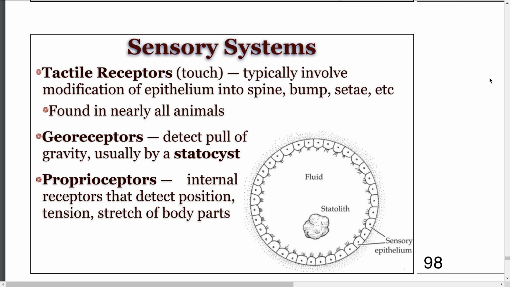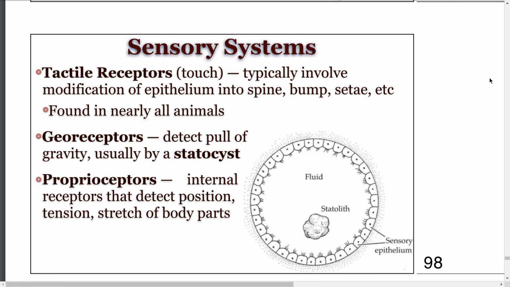Another kind of cell we don't have pictures of here are proprioceptors. Proprioceptors, again, are probably pretty universal among animals. They're strictly internal receptors, that is, they don't respond to external stimuli, but respond to internal stimuli. They detect the positions of body parts, the amount of tension, stretch and pressure on body parts, and tell the animal what its own self is doing, its body positions and so on.